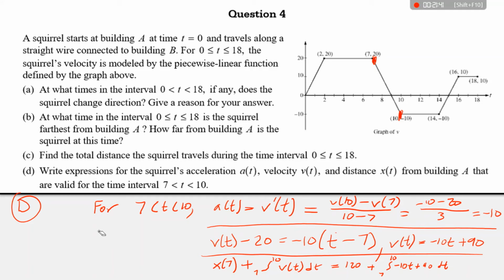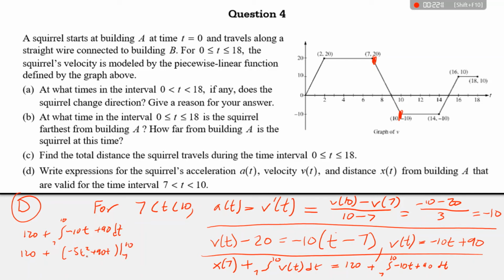So minus 5t squared plus 90t, and then we plug in 10 and 7. Okay, so I've got 120 plus negative 5t squared plus 90t from 7 to 10.